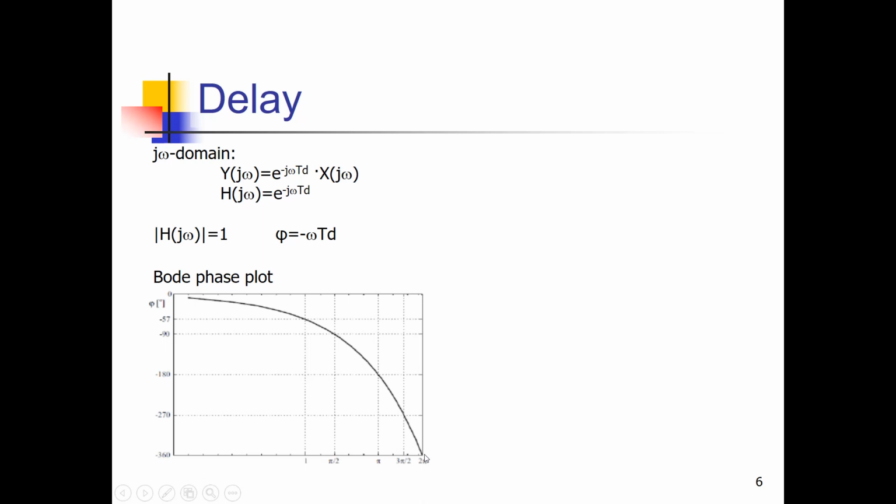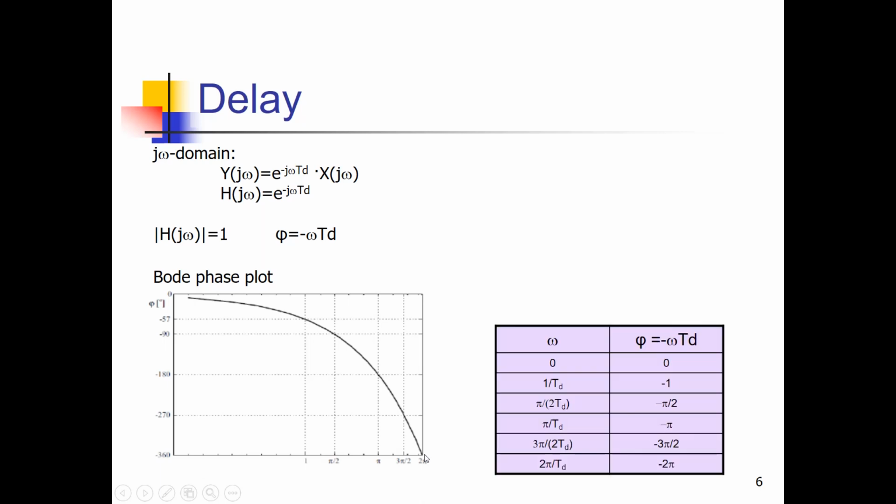Well, how does it look in a Nyquist plot? What we have seen is that when the omega increases, the phase decreases. So we are looking for a plot in which the amplitude is always the same, it's 1, and when the omega increases, the phase keeps on decreasing and decreasing.